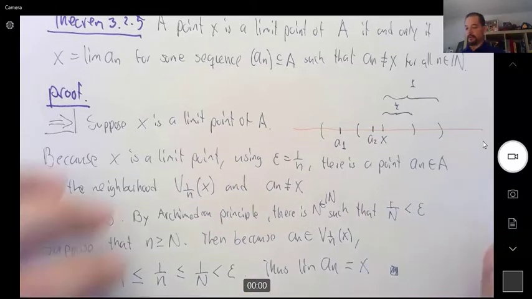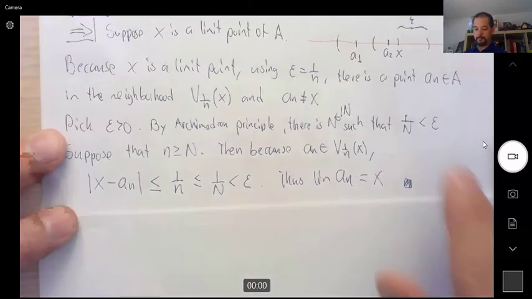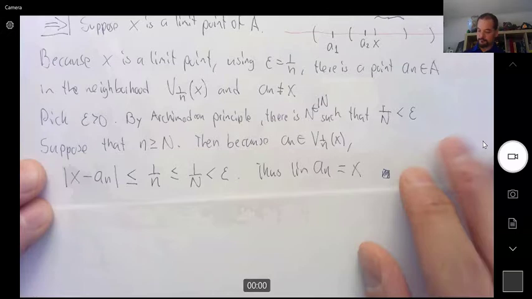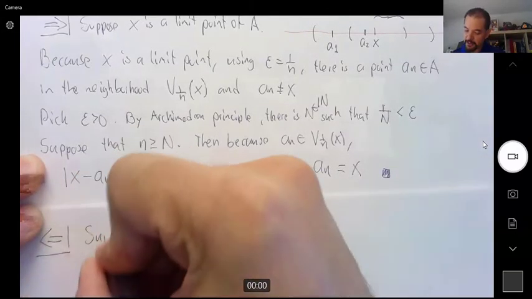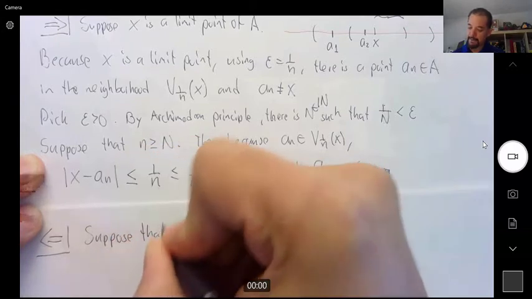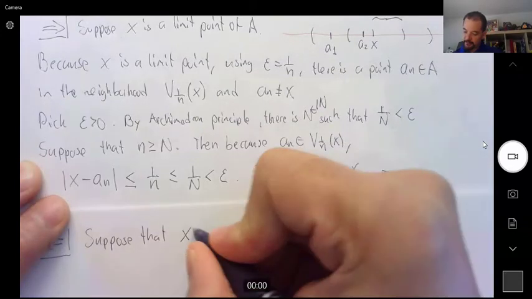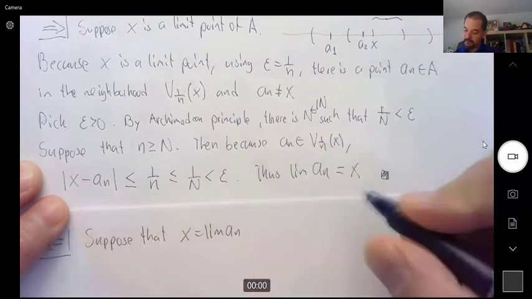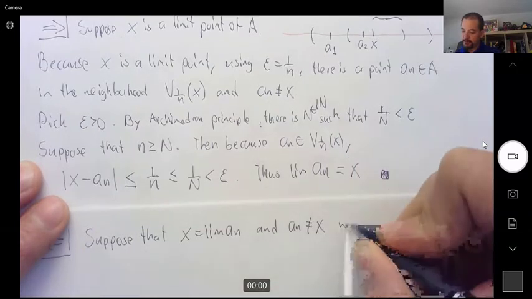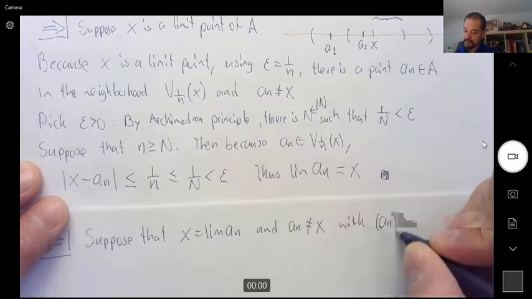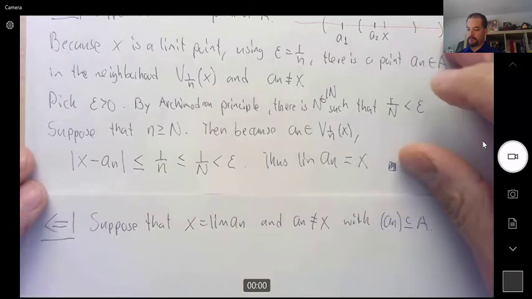Now let's do it the other way around. Now let's suppose that the sequence exists and show it is a limit point. So going backwards, suppose that x equals the limit of a_n, and a_n is never equal to x, with a_n a sequence of elements in capital A. Okay, what do I need to do?